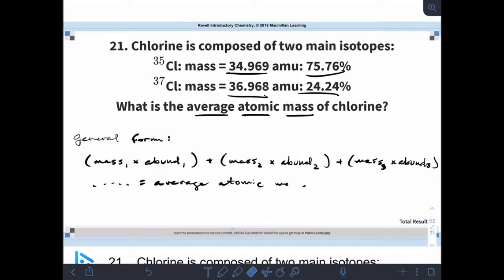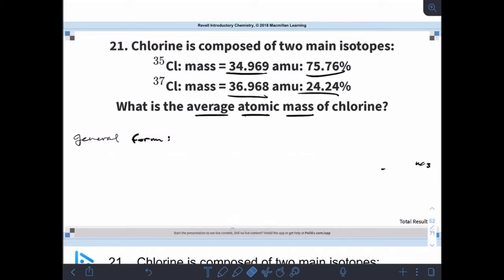Now, the other thing to know is that the abundances have to be in decimal form. That is not how you spell abundance. Abundance in decimal form.